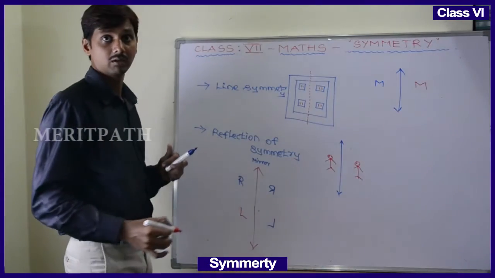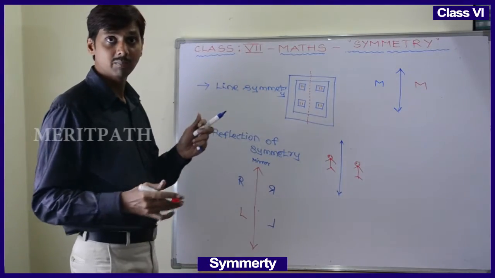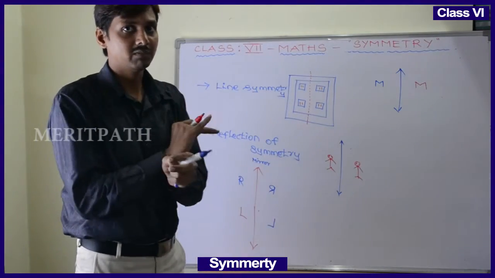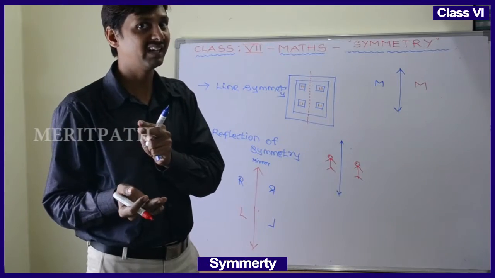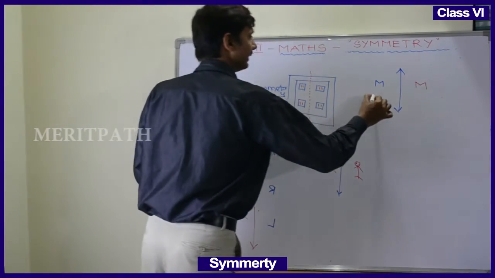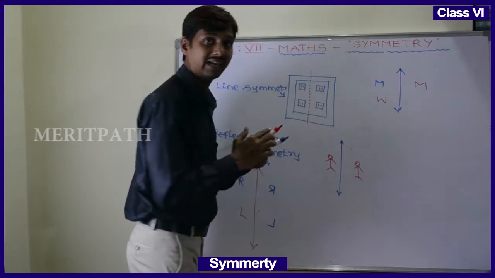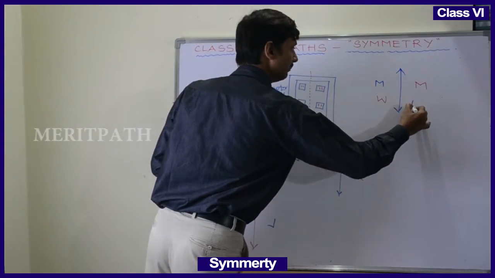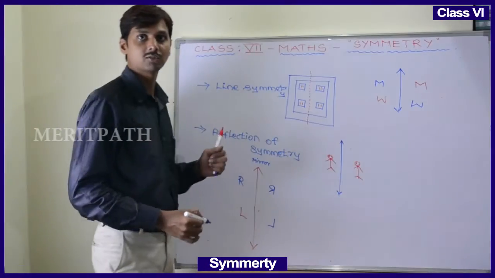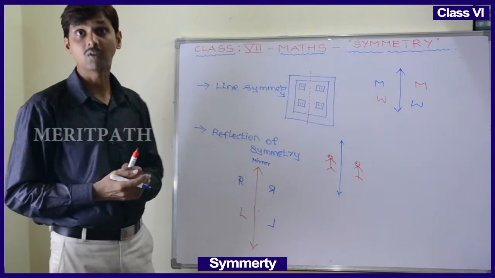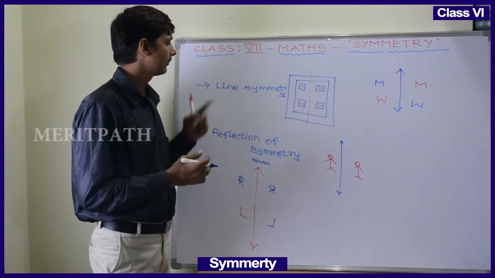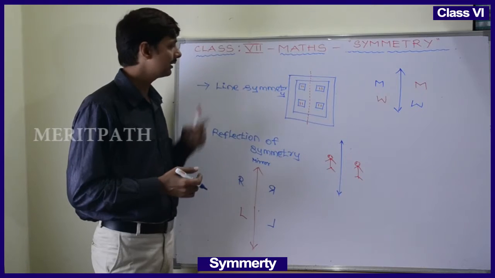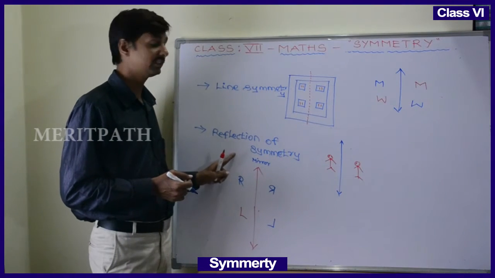There is no difference between that and this, because when it is reversed, it looks the same in the mirror image. We take W and it also looks the same in the mirror image. So this is called reflection symmetry. And up to now we have learned line symmetry and reflection symmetry.